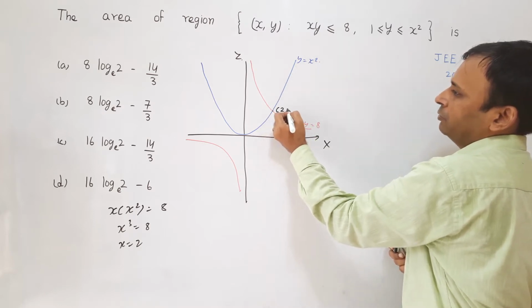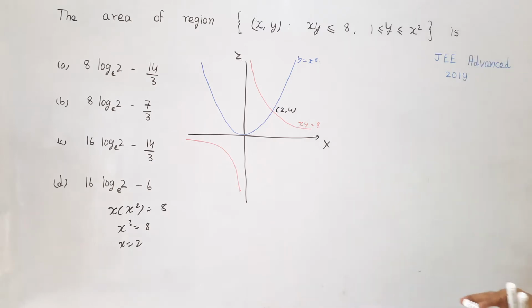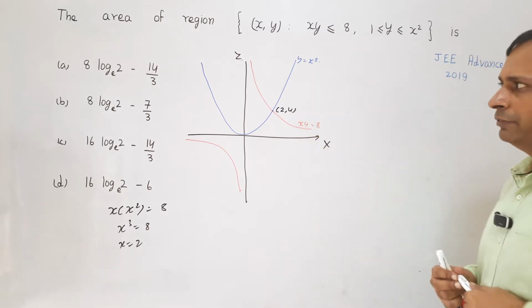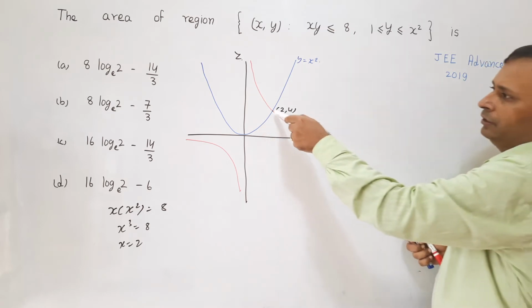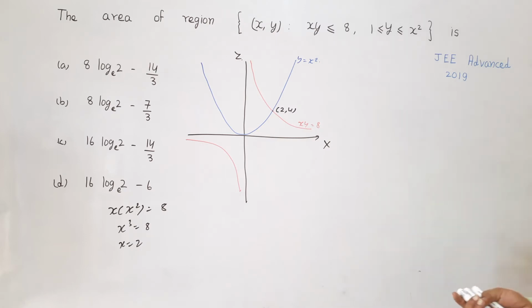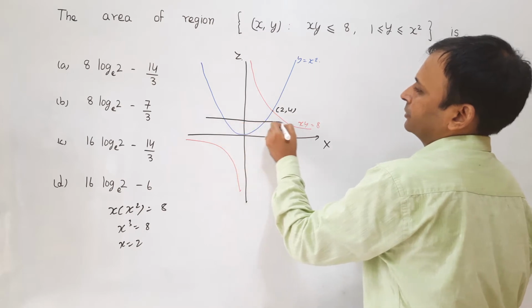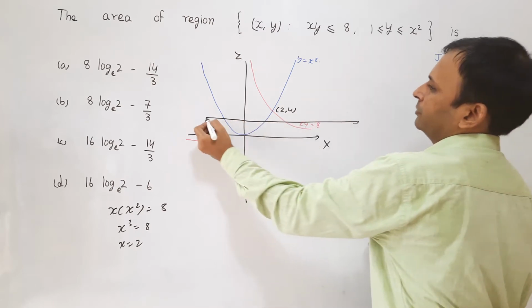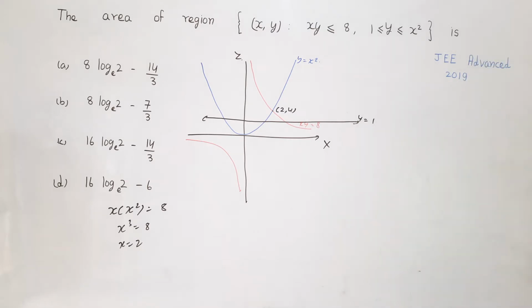So 2 comma 4 will be the coordinates. So definitely y equal to 1 will be somewhere below this particular point. So we will draw y equal to 1, which will come something like this. This is the line with the equation y equal to 1.